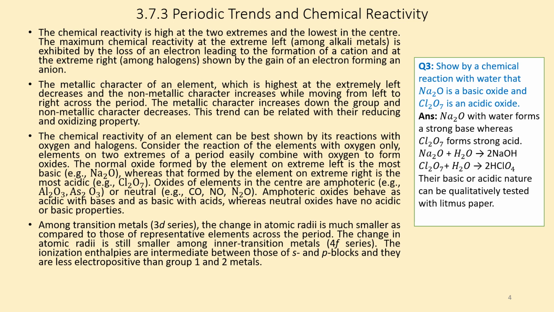Thus, the metallic character increases down the group and non-metallic character decreases. This trend can be related with their reducing and oxidizing property, which we will see later. In the case of transition elements, however, a reverse trend is observed. This can be explained in terms of atomic size and ionization enthalpy.